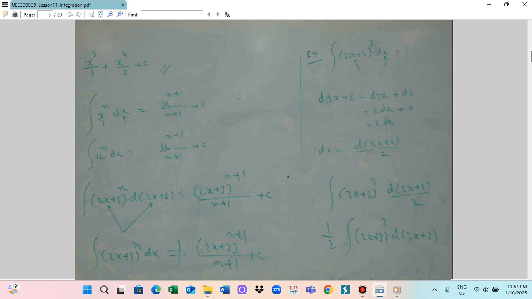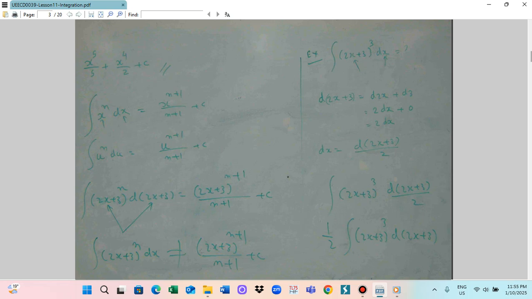So firstly, what you do is take d of 2x plus 3, which means you make a differential. So d2x plus d3. d2x gives 2dx, d3 is 0. So this is equal to 2dx. Then dx is equal to d of 2x plus 3 divided by 2. So we got this relationship.